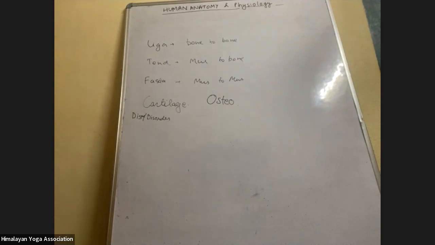So what happens in osteoporosis? The density of the bone is reduced. Because of that, the bone gets very fragile and brittle, which means it can break easily. There will be pain in the bone. The legs will not be able to hold the body weight because there is less calcium, less strength. So the person gets tired very easily because he's not able to sustain the weight of the body.